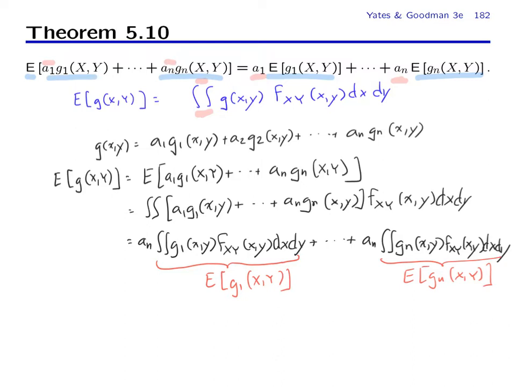Often in textbooks, you'll hear people say, oh, this is the linearity of the expectation operator. Essentially, you can multiply expected values by constants, and you can take sums of things, and the expected value of a sum is the sum of the expected values.